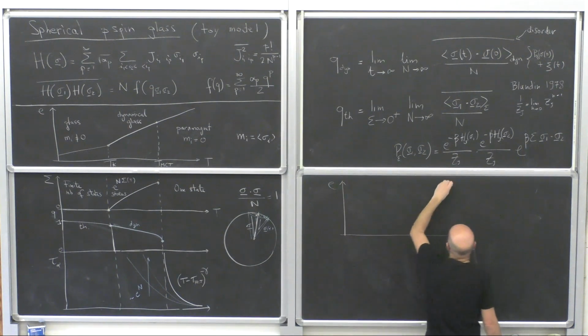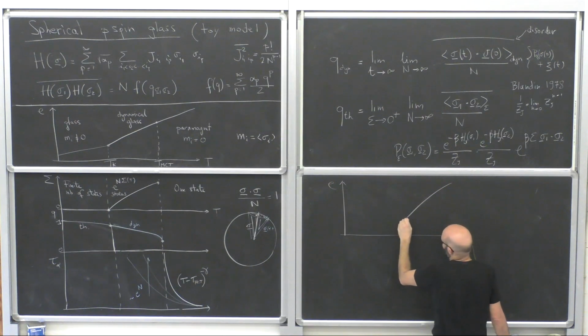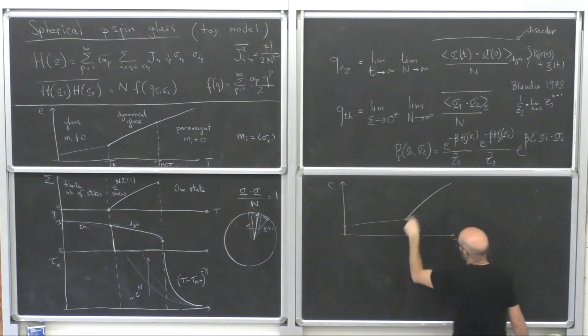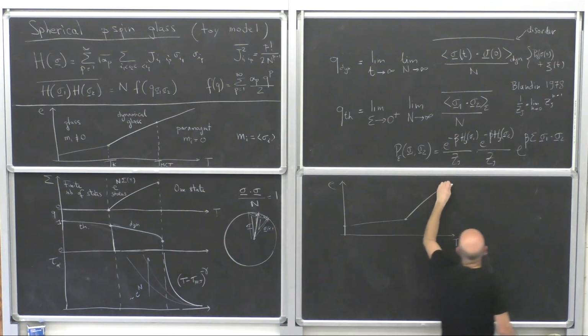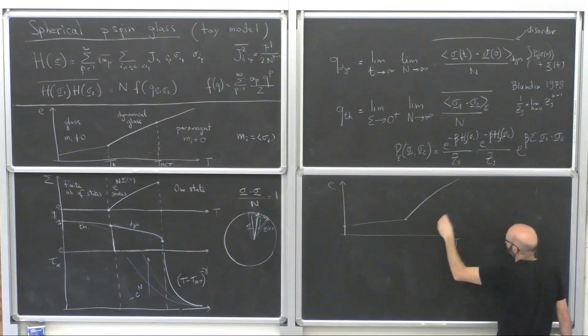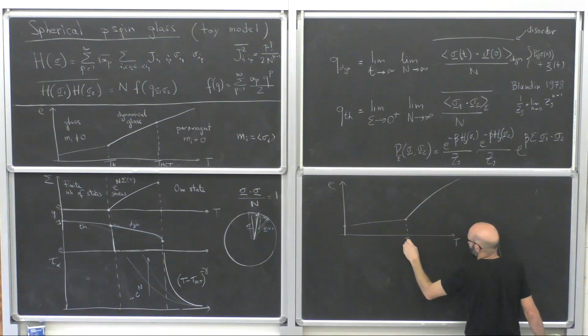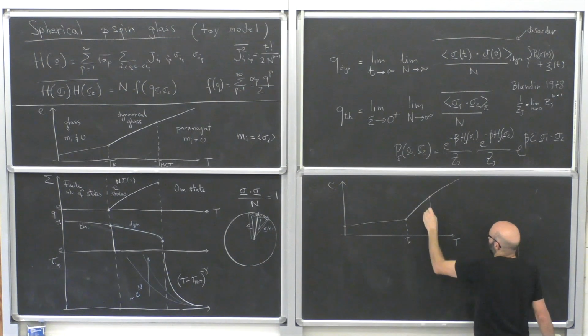So we have this phase diagram. This is T_K, this is T_MCT.